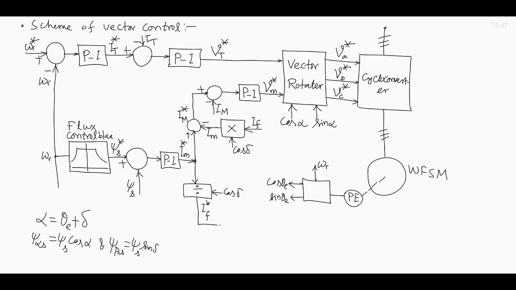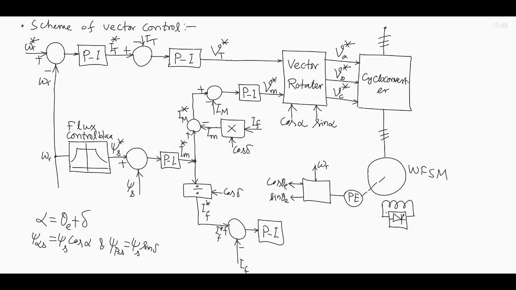So, this If star minus actual field current If, this field current error goes through a PI controller, and the PI controller gives the control signal for the field winding of the synchronous motor.